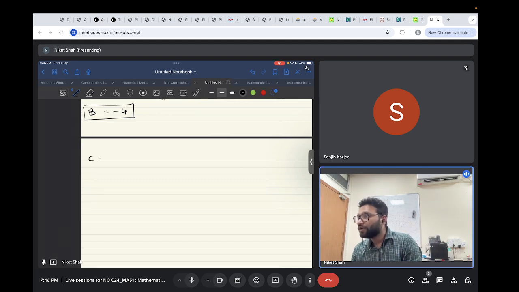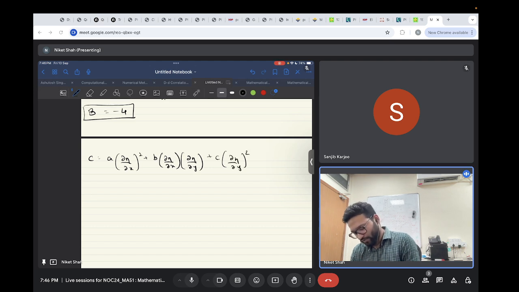C is equal to what? A into del psi by del x the whole square plus B into del psi by del x del eta by del y plus C del eta by del y whole square.